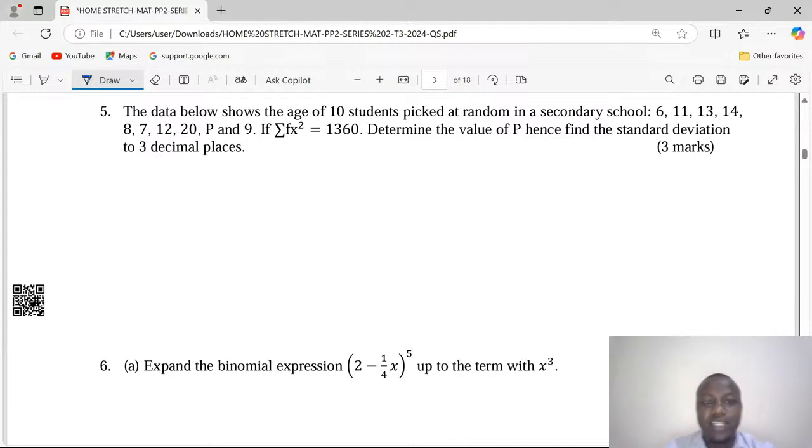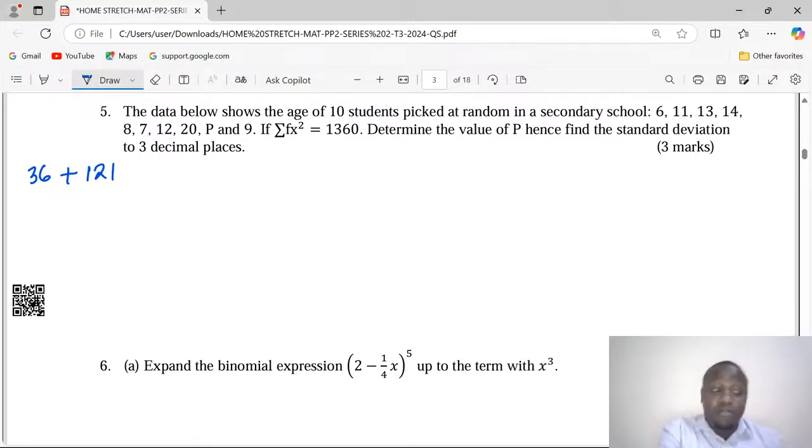So we are already advised that the sum of x squared equals 1360, where x is each age. So we shall say 6 squared, 36. When we add 11 squared, that is 121.